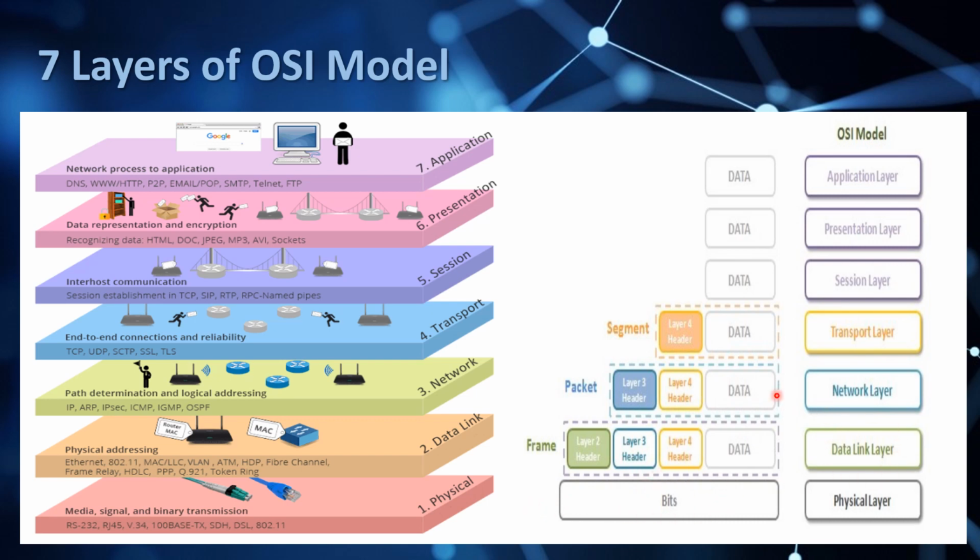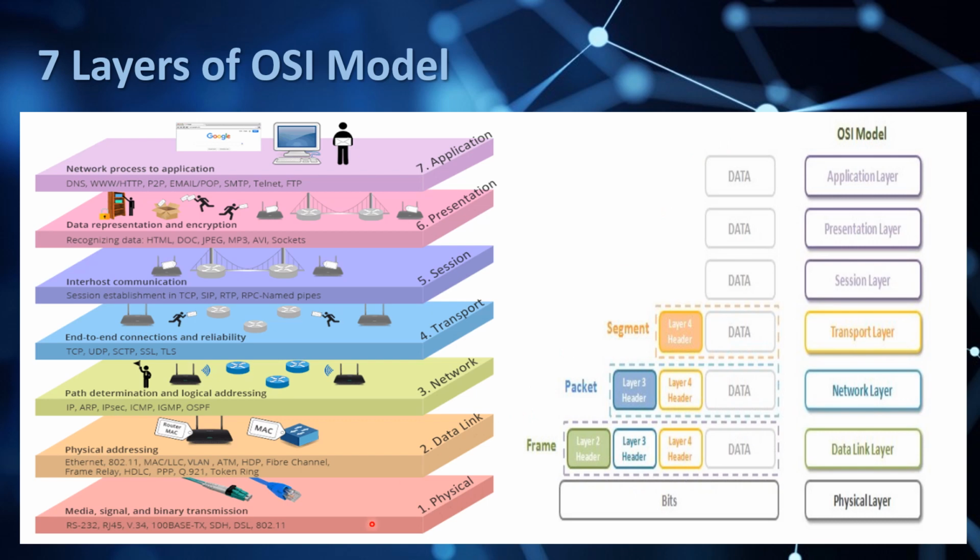In the data link layer, the data is in the form of frames. In frames, we use the MAC address. In the network layer, data is in the form of packets. We use the IP address. In the transport layer, data is in the form of segments. From the session layer, we call the information data.